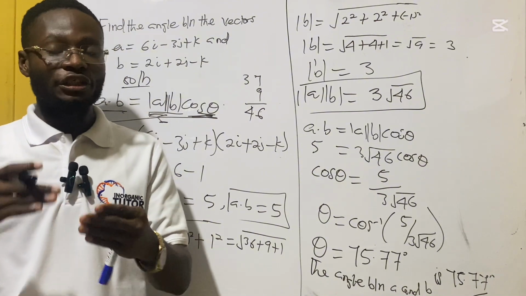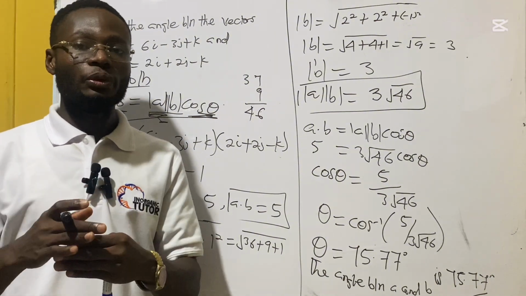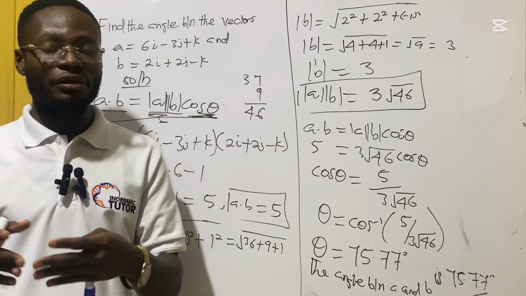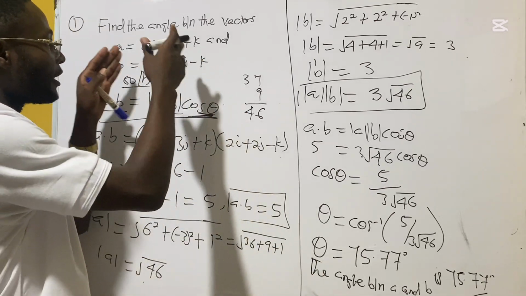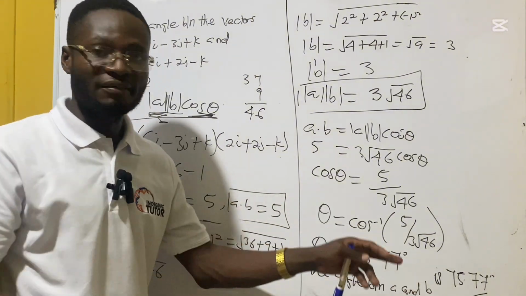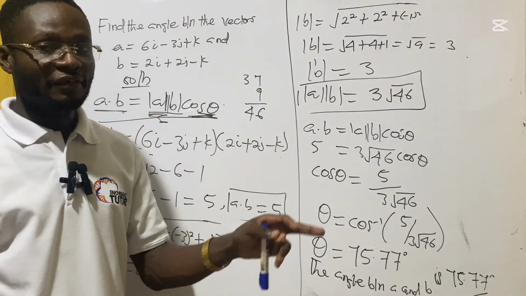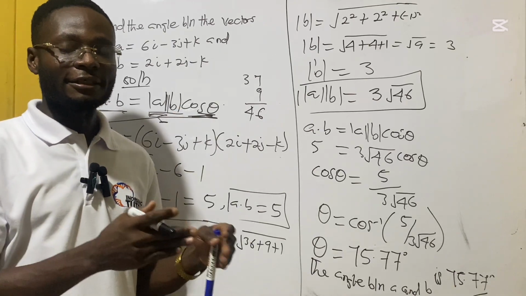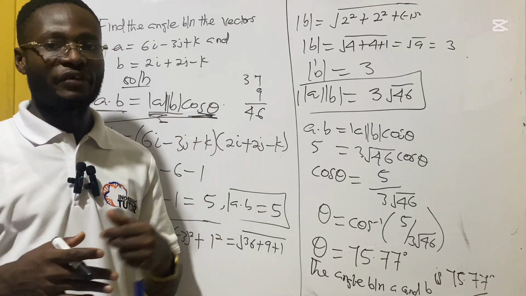Then you can go ahead and do substitution, change the subject, and find your theta. So for this question, our theta is 75.77 degrees, and that is the angle between the two vectors.